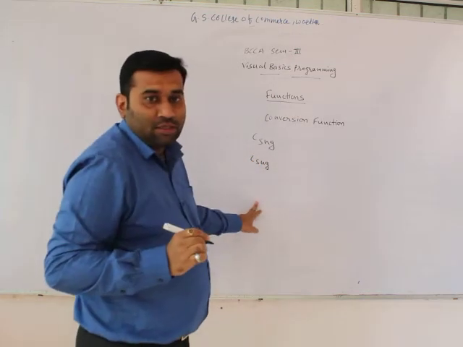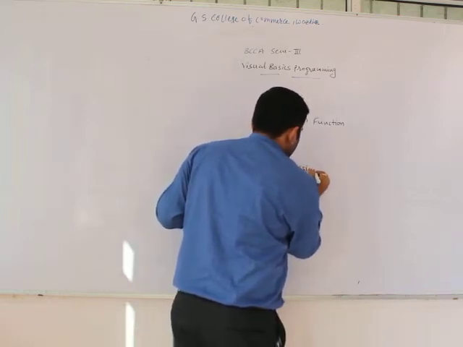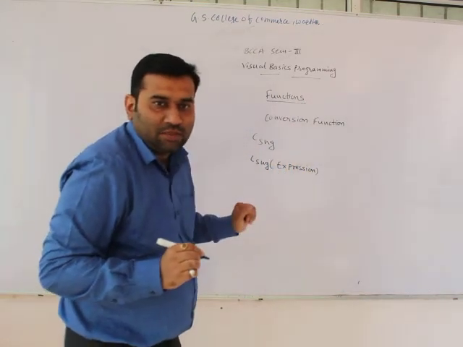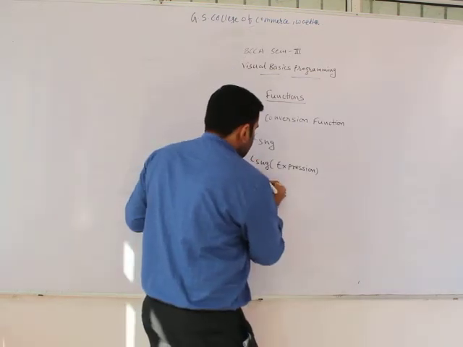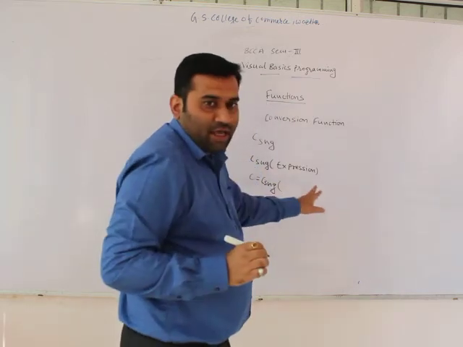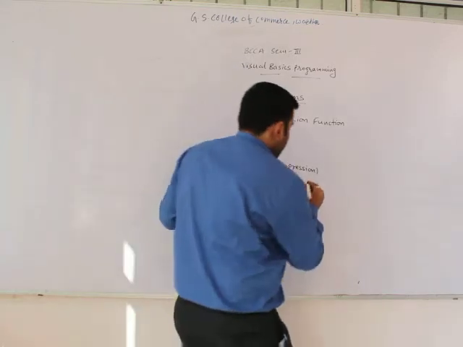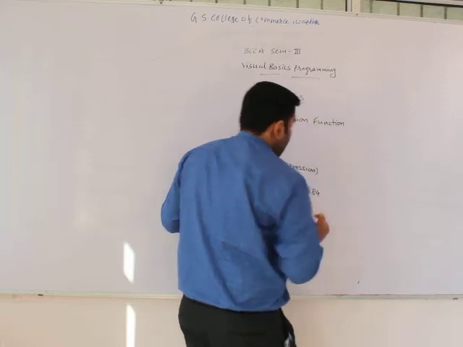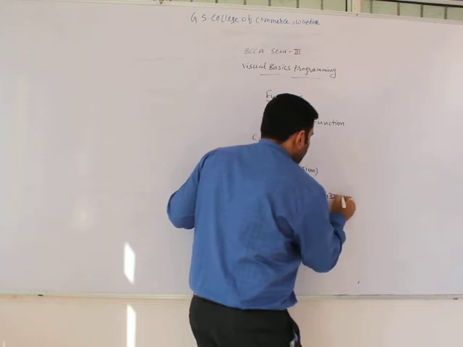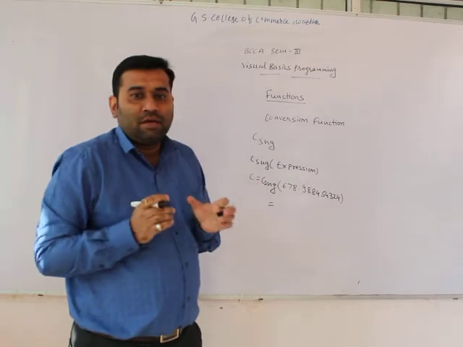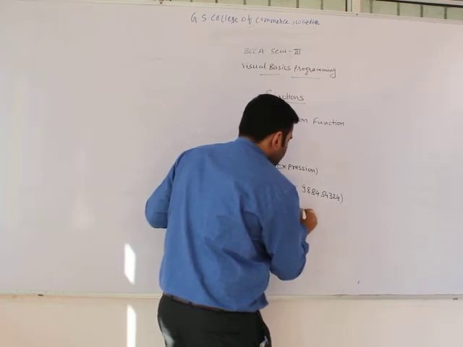CSNG expression. For example, C equal to CSNG, and the expression is 678.9884 54324, and the expression is converted to the single data type, 7.988.